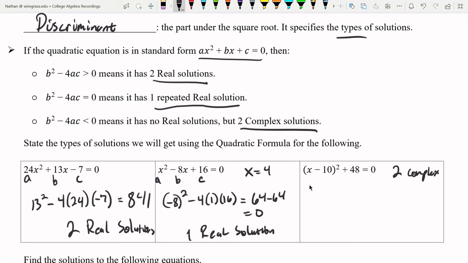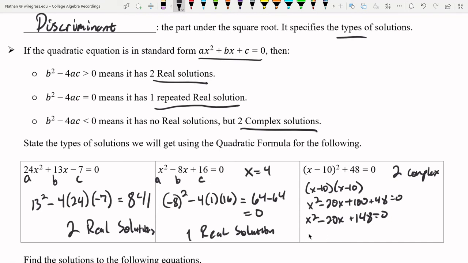We can do that by expanding this. So that gives us x squared minus 20x plus 100 plus 48. x squared minus 20x plus 148. Okay, A is 1, B is -20, C is 148.